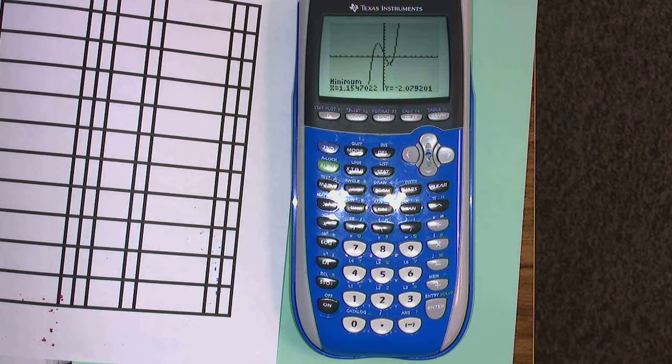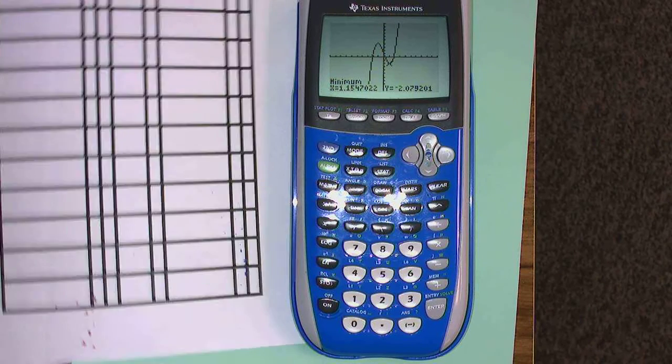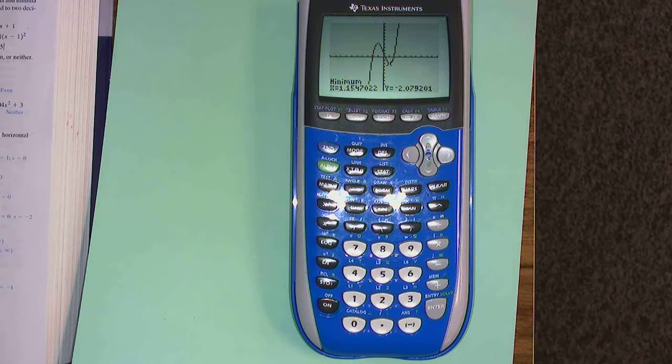And did you get all the way on the left side and all the way on the right side? Okay, so you would say minimum at x is equal to 1.15.